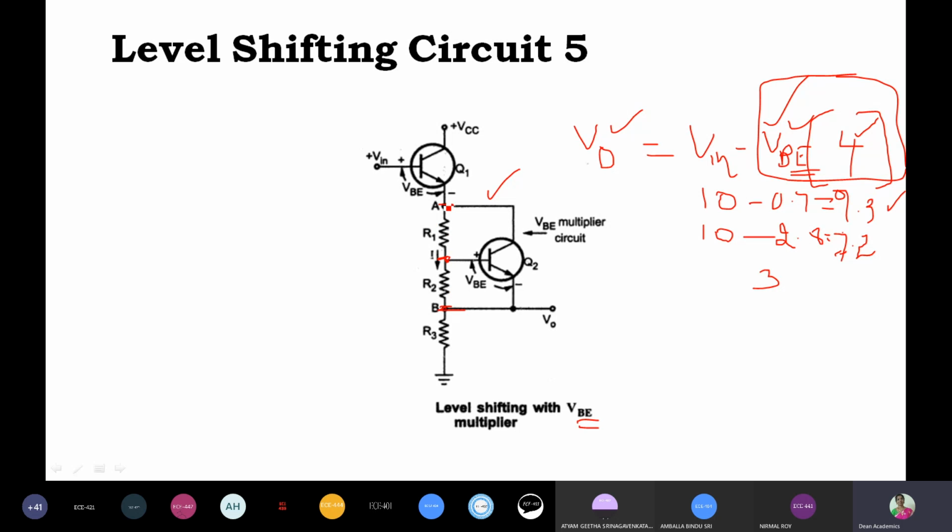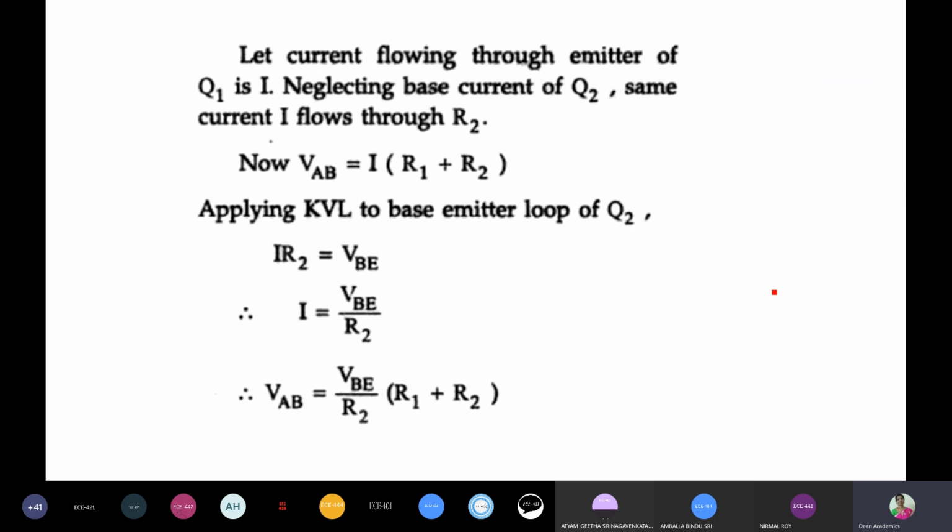So V between points A and B is equal to I into R1 plus R2. I have written here V between points A and B is equal to I into R1 plus R2, right?